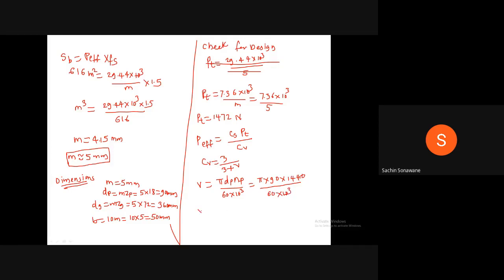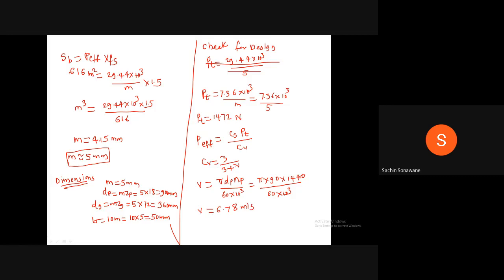Therefore, V is equal to how much value we have got? Calculate V. What is the value of V? 6.78. Correct. 6.78 meter per second.